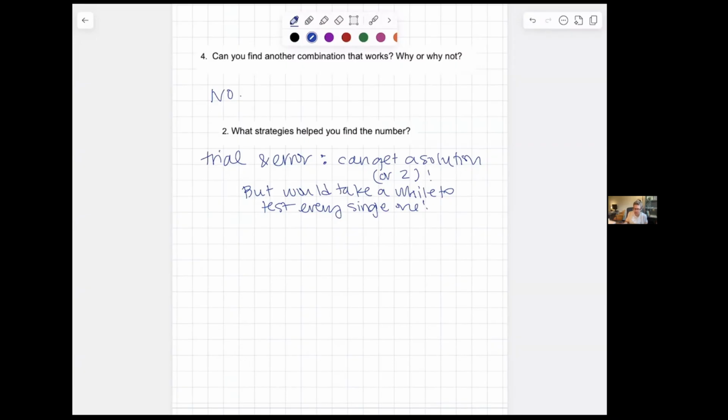And so that's why we like to have this strategy. Some things we noticed were that a 5 should be in the fifth spot.